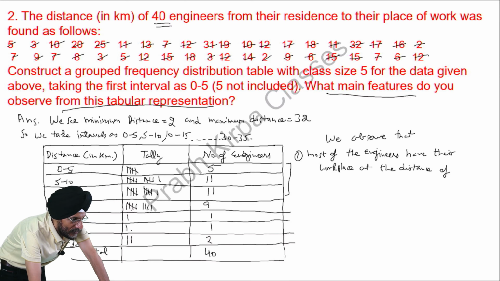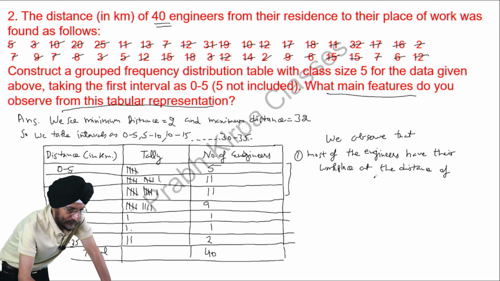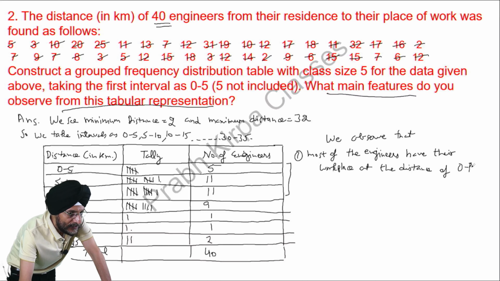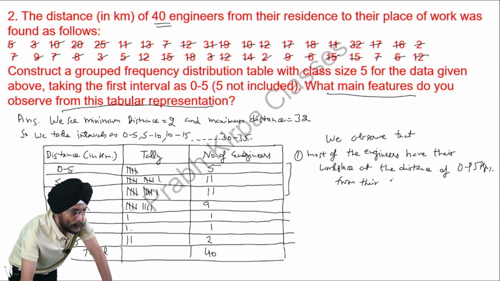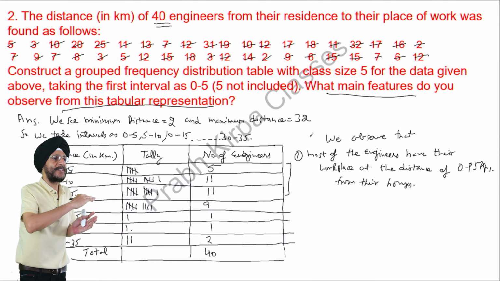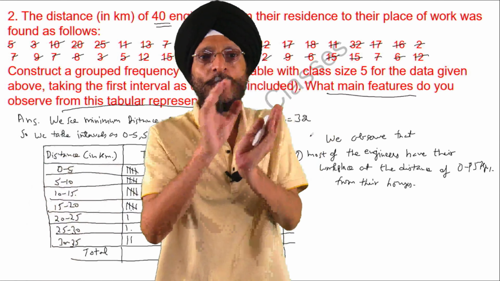This is the 0, this is the 15, and the number of engineers are 20, 27. So most of the engineers have their workplace at a distance of 0 to 15 kilometers from their houses or from their homes. That is, most of the engineers have to travel between 0 and 15 kilometers.